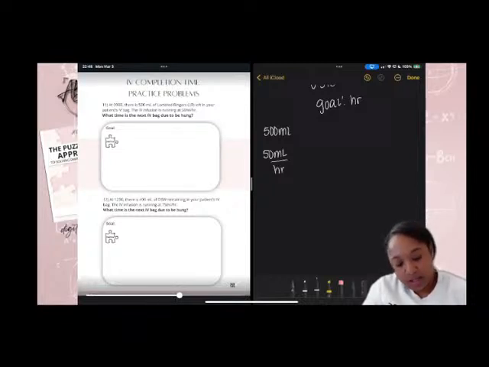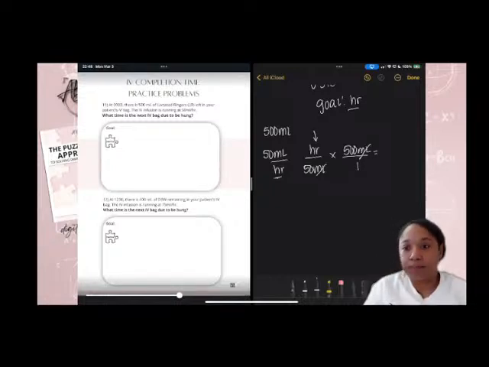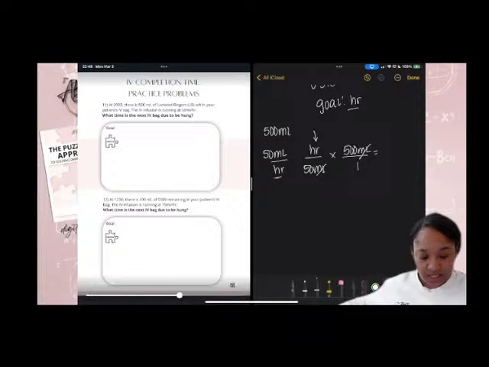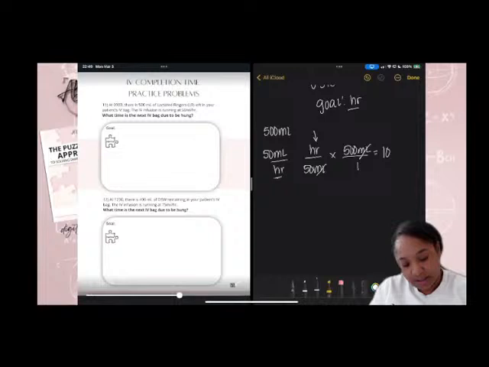So then we start with what we're looking for, and this time we have hour. So hour over 50 ml times our 500 milliliters. So it'll cancel out with the milliliters on the bottom, and you're only left with the goal. So what's that? Is that 10 hours? I can't do simple math late at night. So 10 hours, right?